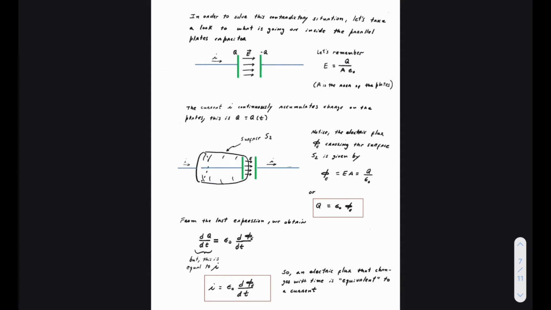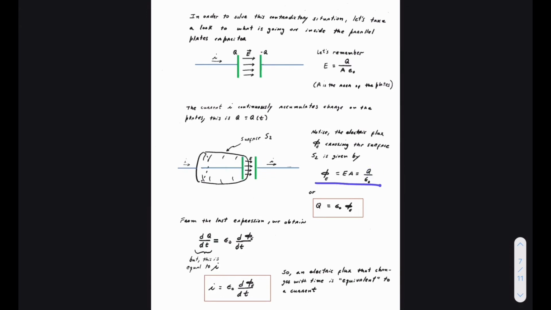And we can write down that electric flux to be equal to the electric field E times A, as the electric field E is constant through this area A. Now, by applying Gauss's law, we can write down this electric flux to be equal to Q divided by epsilon naught, where this charge Q is the charge stored on this plate.